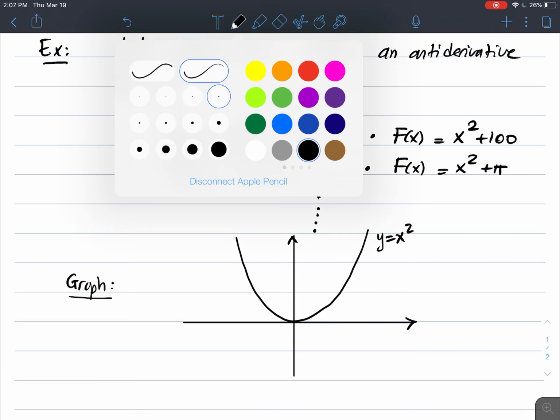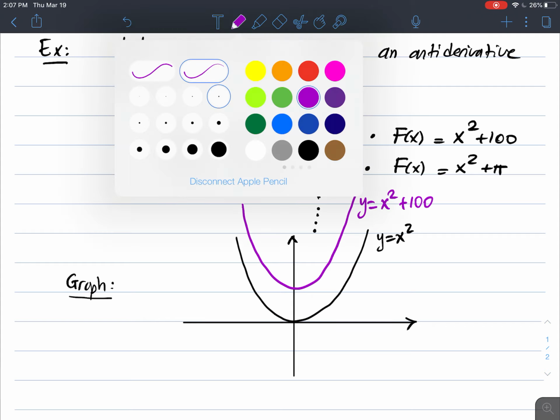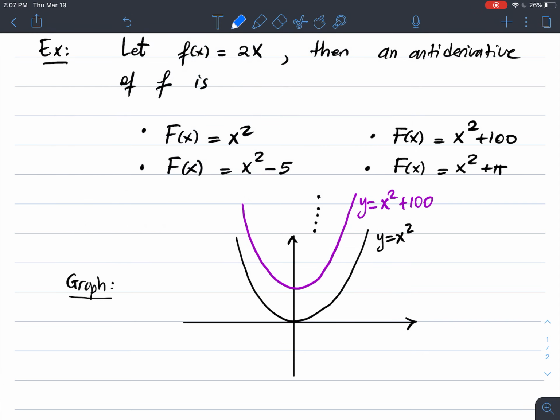So let me just use a different color here, for example this purple. This would be, for example, x squared plus 100. Or if you subtract 5, then you have a different one, so you shift it down by 5. For example, this could be the graph.